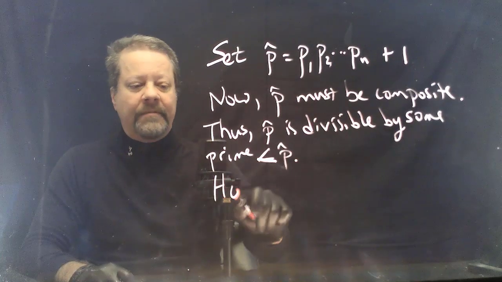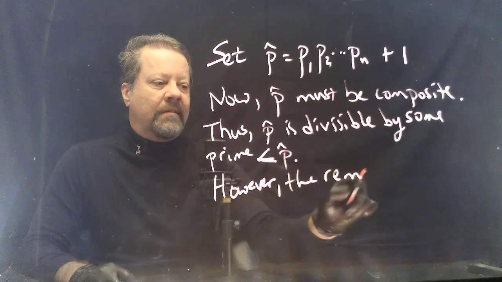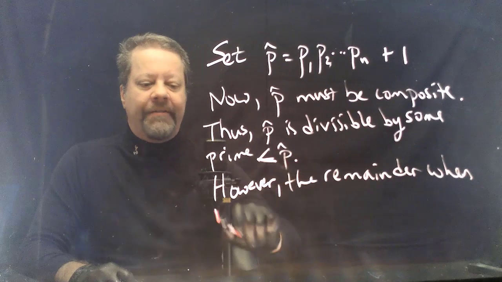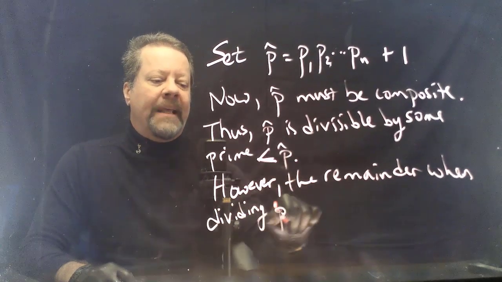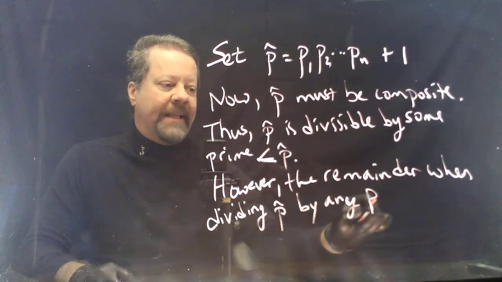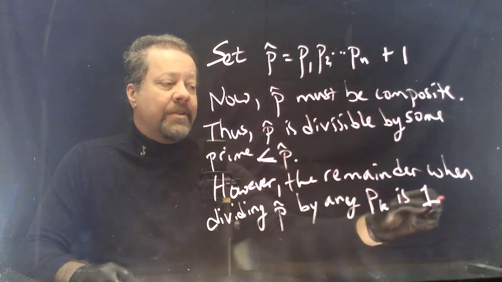However, the remainder, when dividing P hat by any of the listed P sub k's, the remainder is 1.